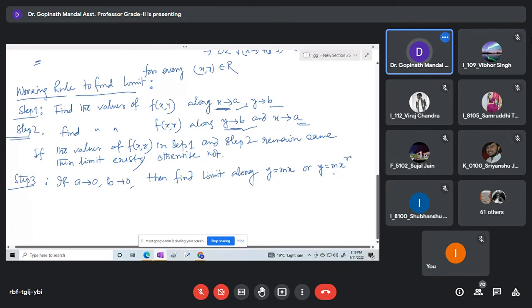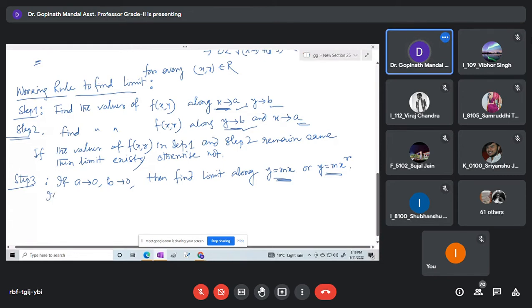First find the limit along y equal to mx or y equal to mx square or y equal to mx cube along that line.